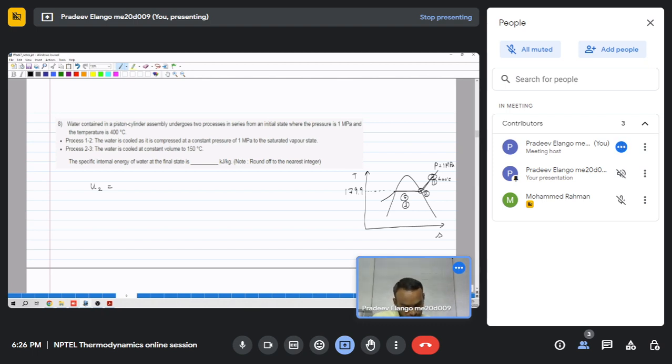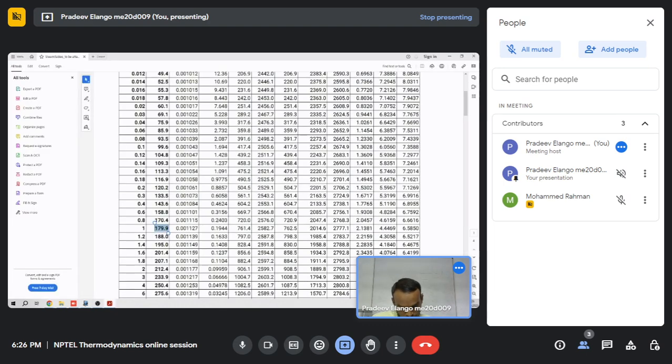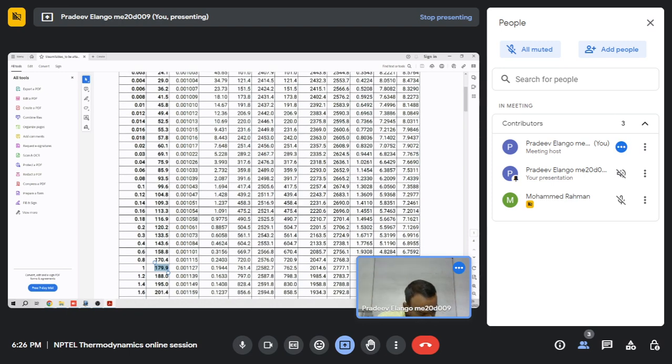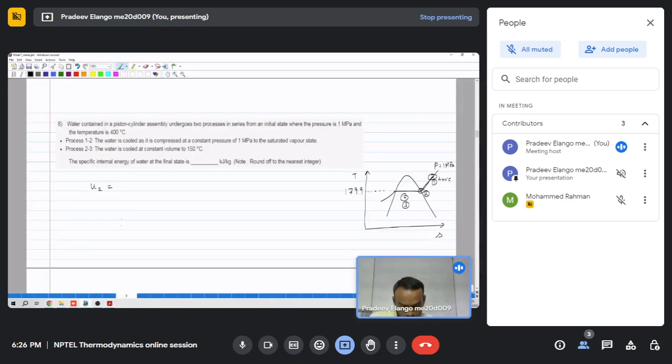And then we know V3 is equal to V2, right? Because it is undergoing a constant volume process between 2 and 3, so the volume initial and final should be the same. Now if you know V2, then we can calculate V3 and then find the internal energy.